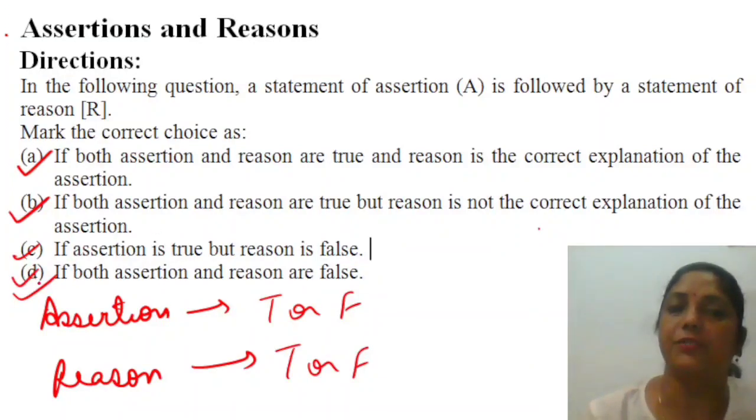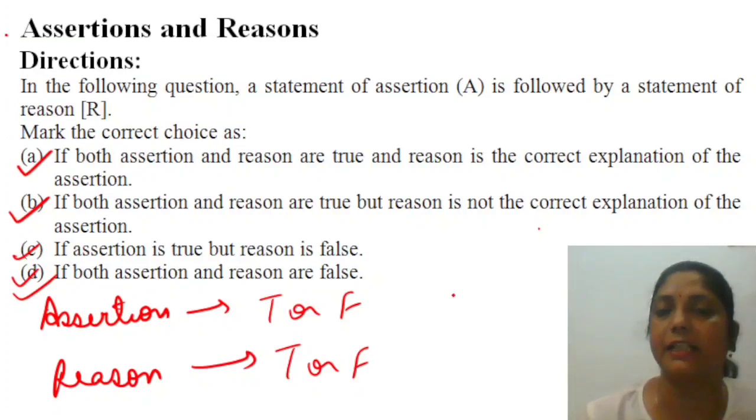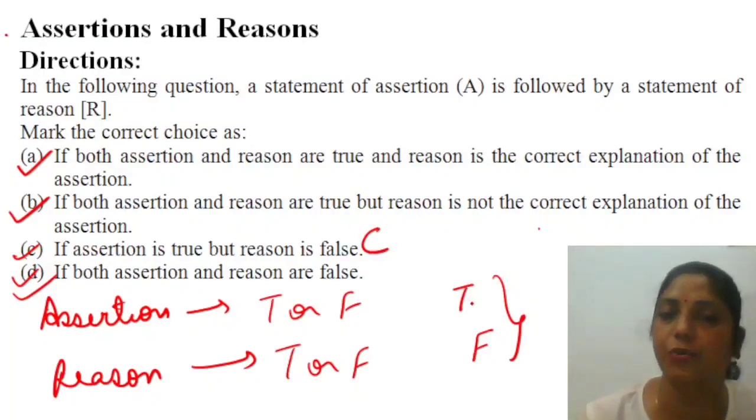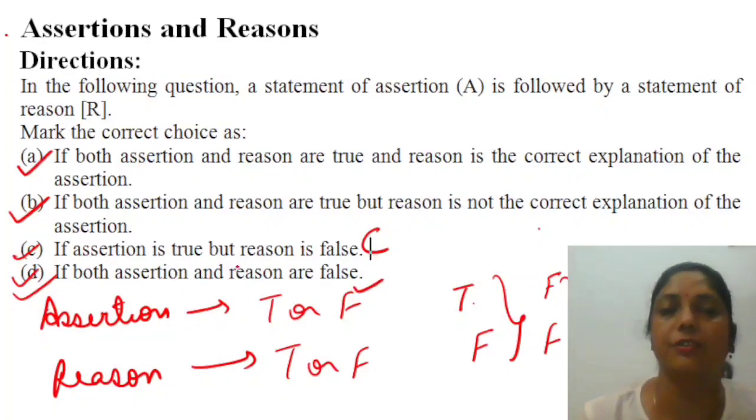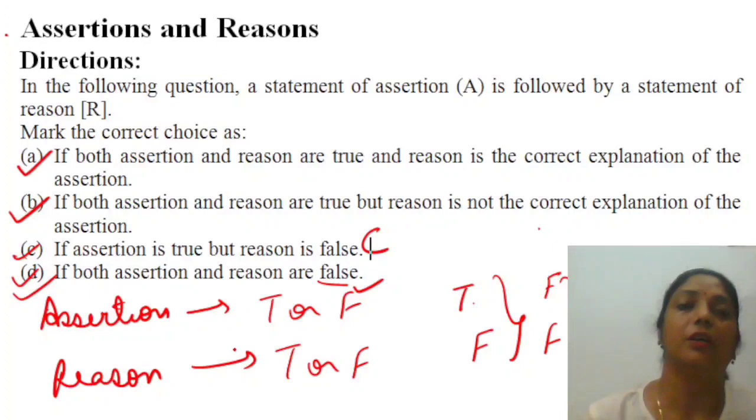Now, here options C and D are very easy. If assertion is true and reason is false, you can easily get answer C. And if assertion is false and reason is also false, then you easily take answer D. So C and D options are very easy. The difficulty comes when both assertion and reason are true.